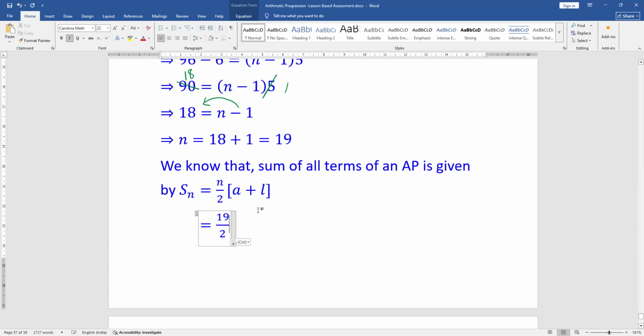Right? So 19/2 into a value is how much?